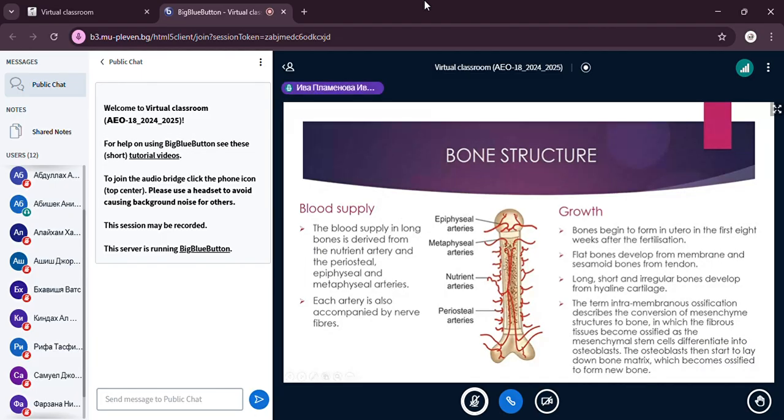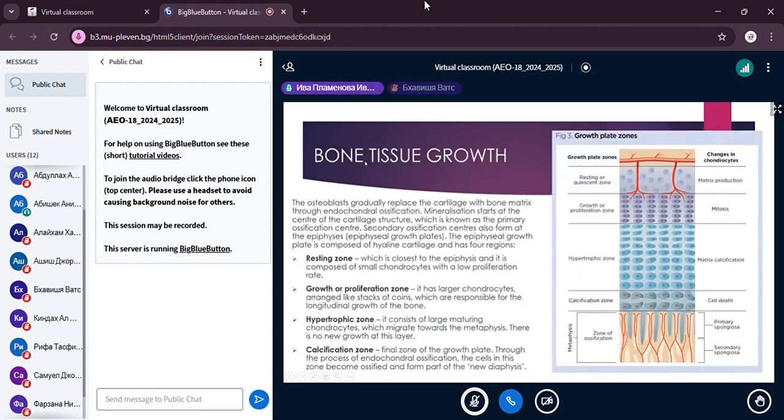We have one nutrient artery, and of course, the periosteal arteries, epiphyseal arteries, and metaphyseal arteries. On the next slide is the growth of the bone tissue, which is a note for this semester and for my lessons, but you can read it if you have free time.